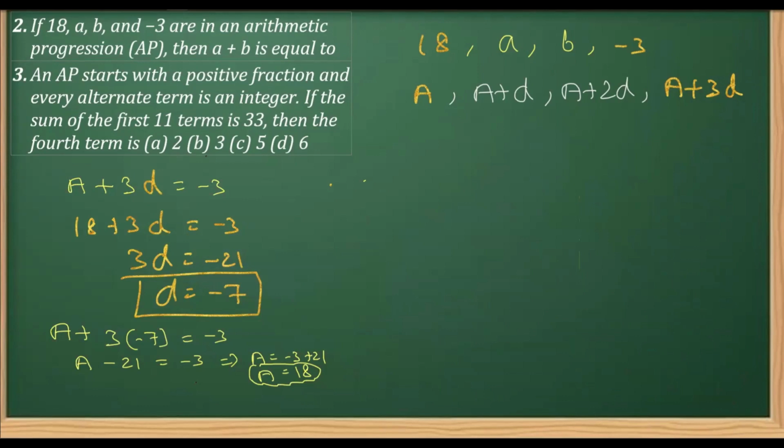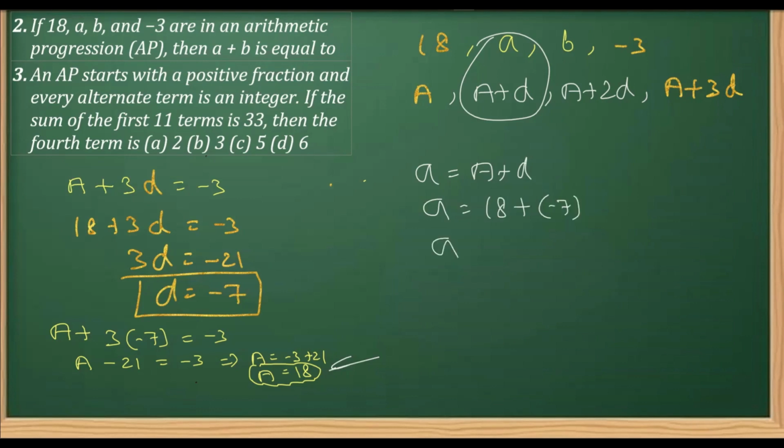Now, we had to get the value of a. That means A plus D. As you can see, this a is nothing but the second term, which is A plus D. And A we have got as 18. 18 plus D, which is minus 7, so a results to give you 11.